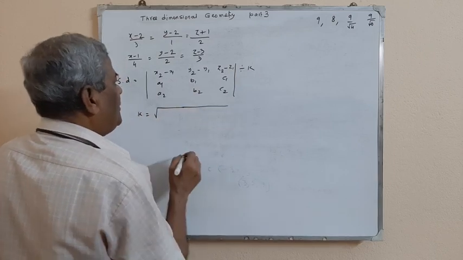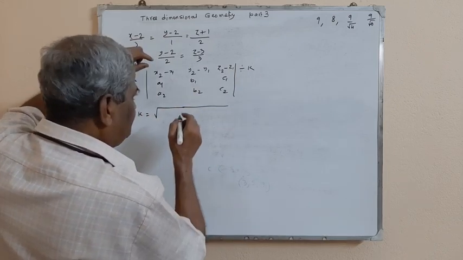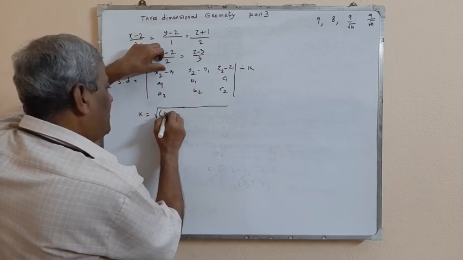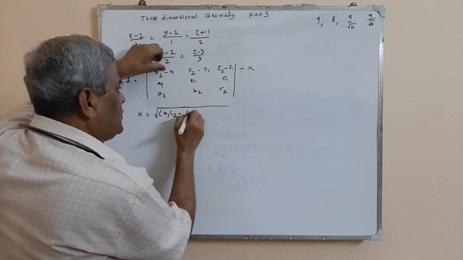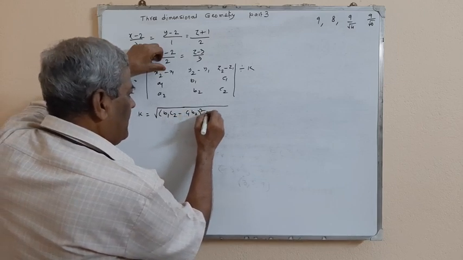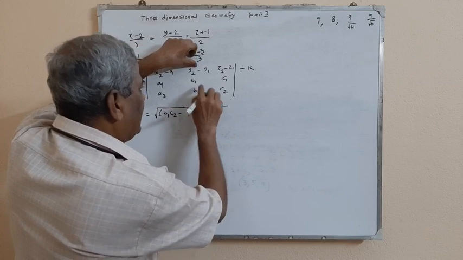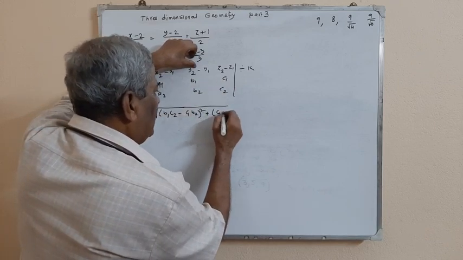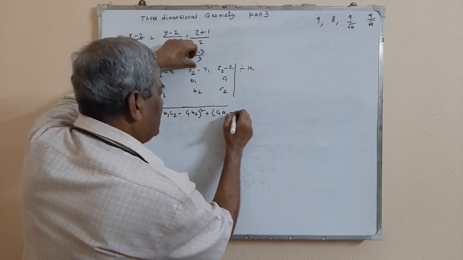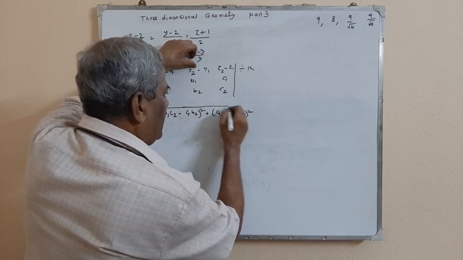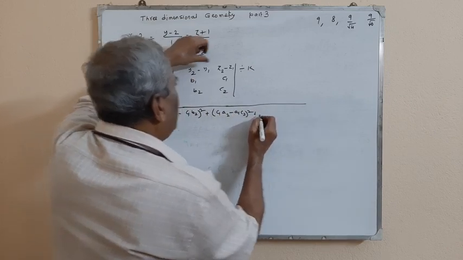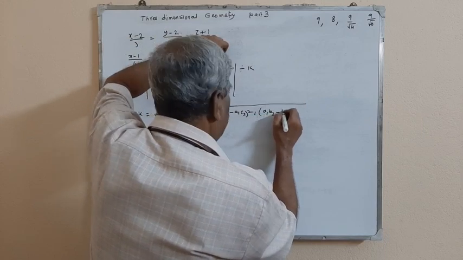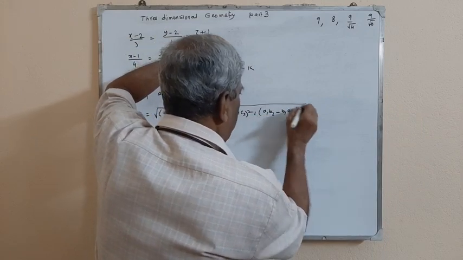The root of the cofactor of this element, that is (b1 c2 minus c1 b2) whole square, plus the cofactor of that, this into this minus that, is (c1 a2 minus a1 c2) whole square, plus the cofactor of this, (a1 b2 minus b1 a2) whole square.